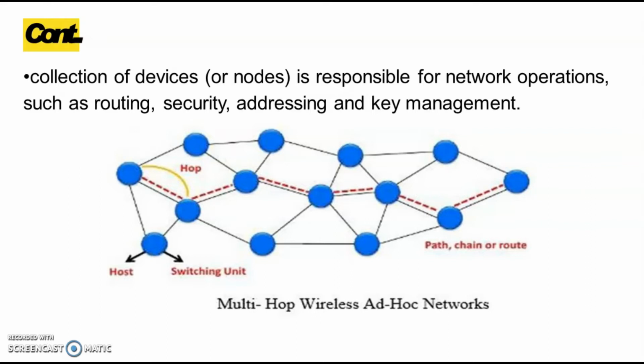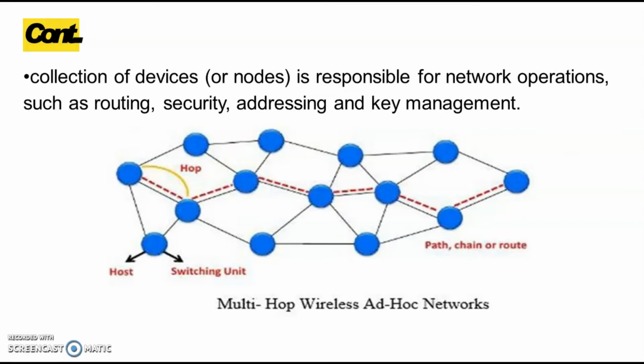The devices are called nodes or hosts, and the devices can also make switching connections, or act as switching units also. The red dashed line shows the path or route between devices. So here a single connection is mentioned, from the starting point to the end point.